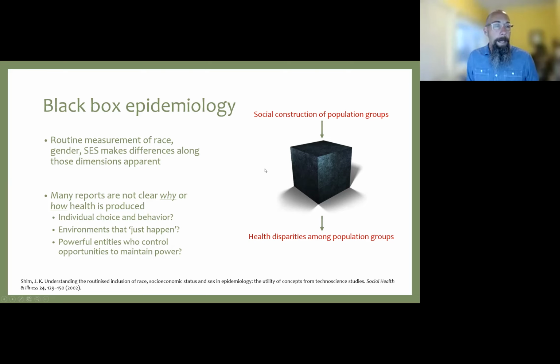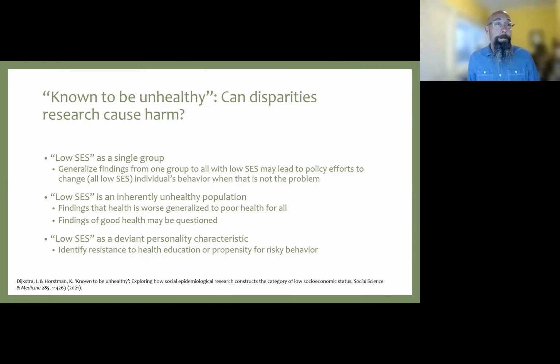So this paper by Shim was just an interesting example that evaluated and critiqued how the use of race, socioeconomic status, and sex in epidemiology has become routinized in a way that seemed technocratic and seemed devoid of a theoretical conception of what those concepts even mean. So that's just one thing to think about, right? That we can inadvertently be telling something that maybe we didn't mean to.